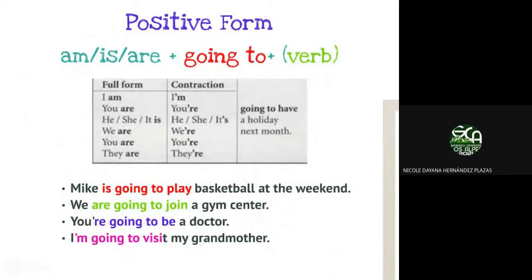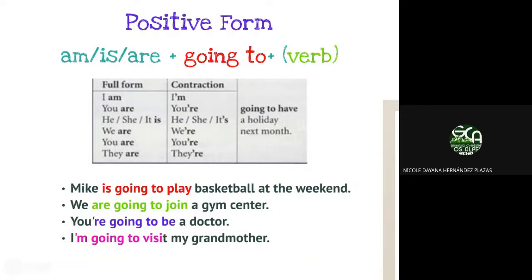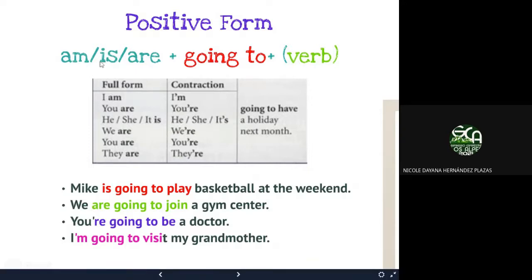Now let's talk a bit about the form. Positive, negative, and interrogative. Let's begin with positive. In positive, it's really easy. It is be going to. That means you are going to use your subject, then you are going to use the verb to be according to the subject. That means you can use am, is, or are.